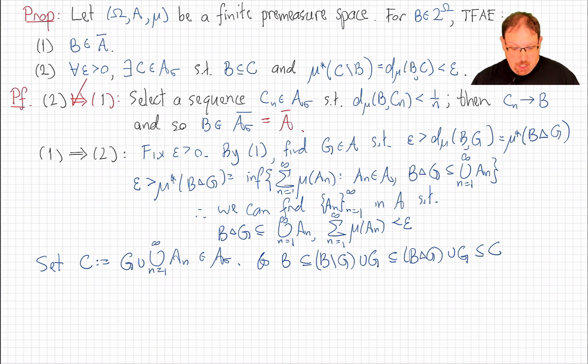So we just need to check, to conclude the proof of part 2, that the distance between B and this set C is less than epsilon.